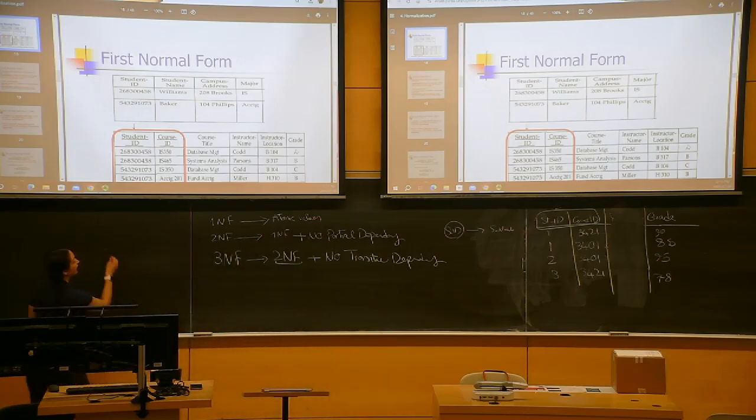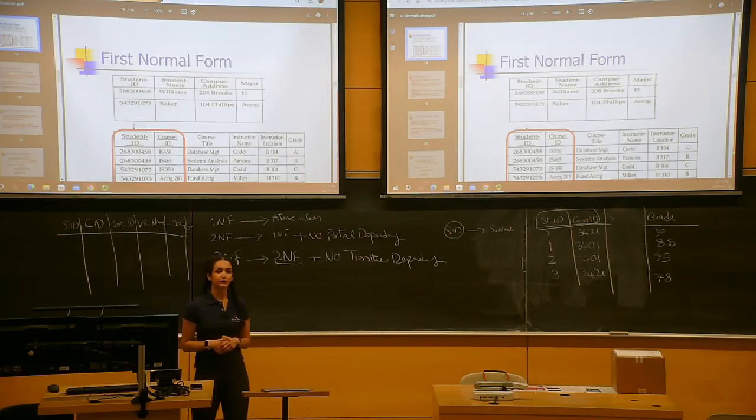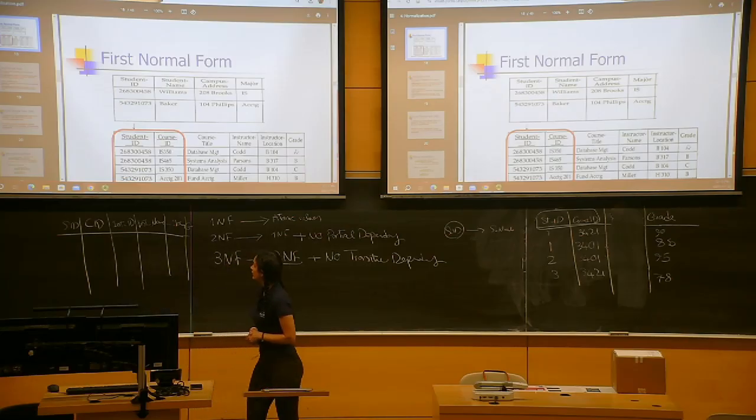So let's say we have only a student ID, course ID, and instructor ID, instructor name, instructor location, and grade. Okay? So what is the normal form of this table?